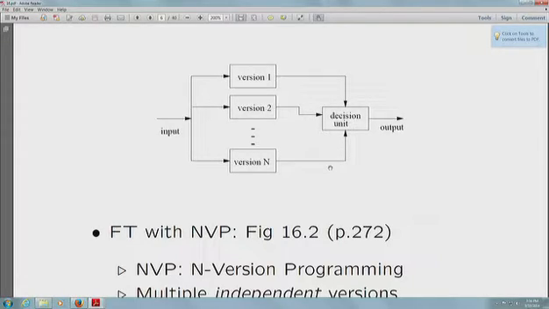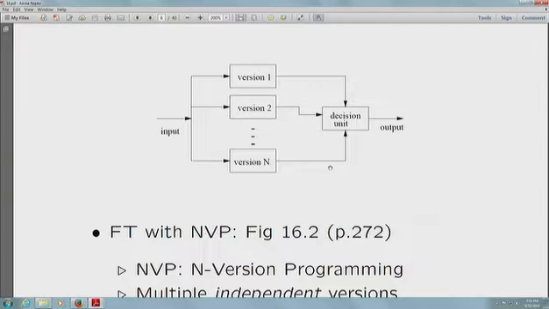Okay, so essentially what you do here is that you distribute your computation or decision making or whatever kind of things to multiple versions of the program that have the same functionality. And then you try to get some decision unit to decide, based on all the output from all the units, what is going to be the output for this overall unit.